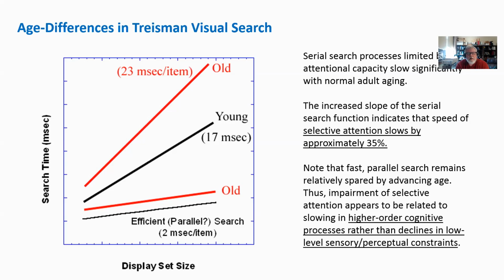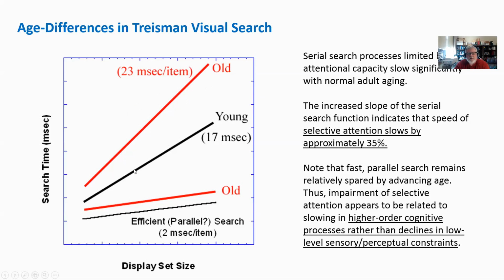So now, finally, after talking about all this type of search theory within the Treisman context, we get to the money slide. That is, what are the age differences that we observe in these types of searches? Well, what we find is that serial search processes, which are depicted by these processes with the, if you will, the steep slopes, tend to slow down as we grow older.